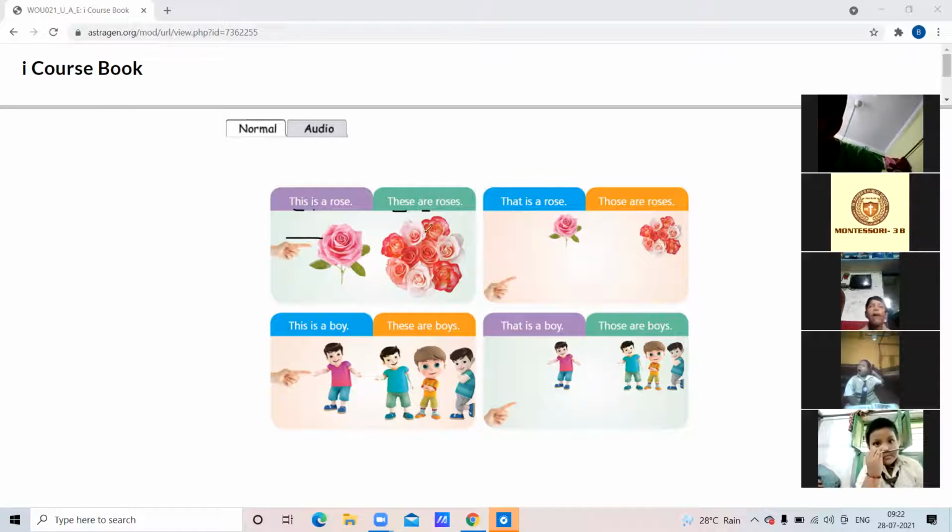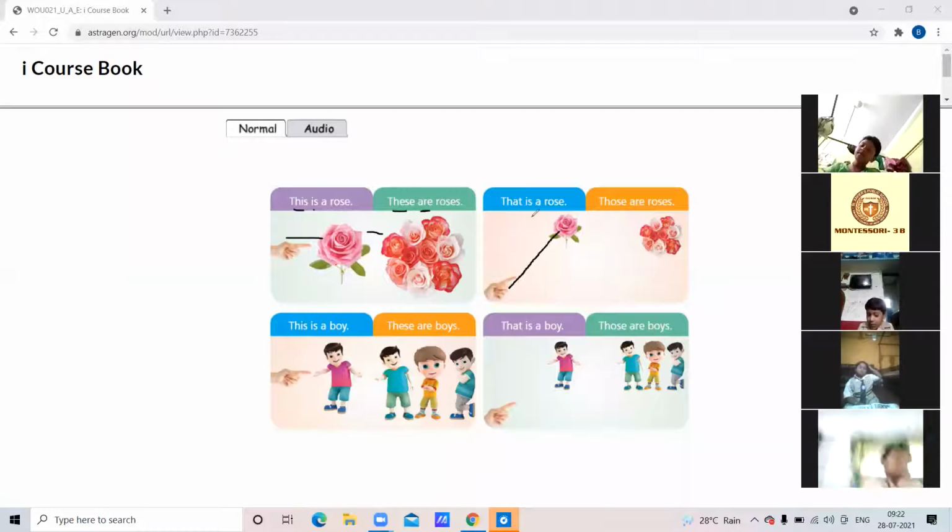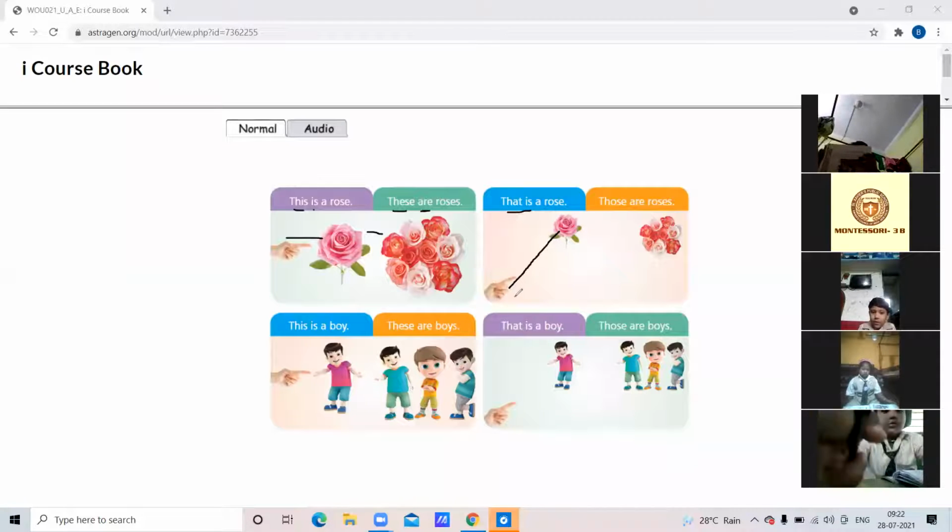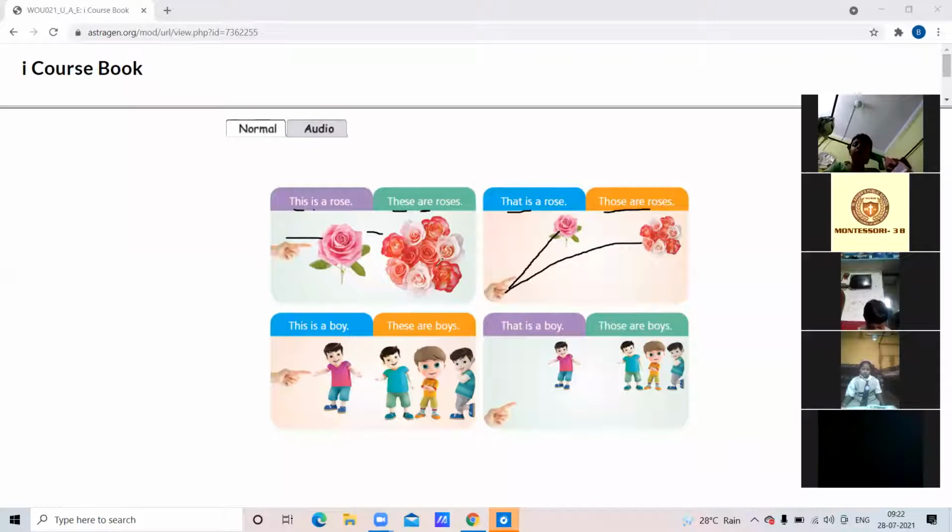When the quantity is more, we will use are. These are roses. But the rose which is far away from us, we will use that is a rose. And the roses which are many in number, we will use those are roses.